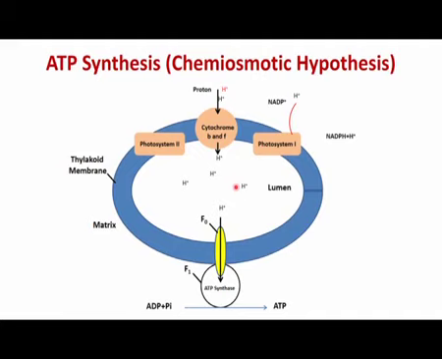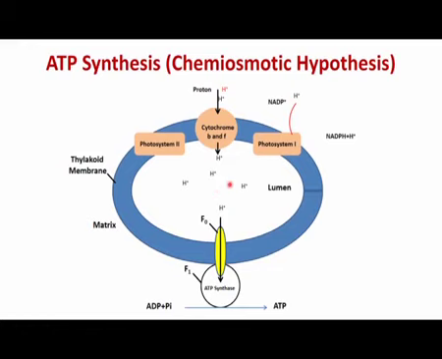Because of the low level of protons outside and a high number of protons inside, these protons have a tendency to go out of the thylakoid membrane, but because these are charged particles, they cannot go passively across the membrane.